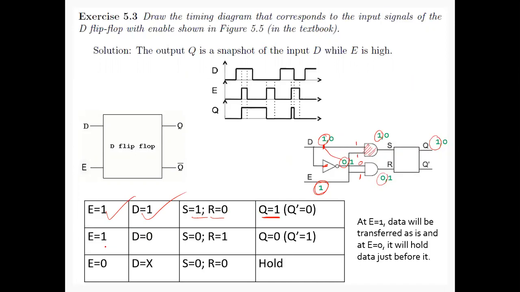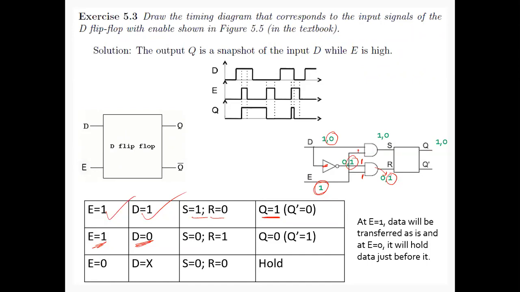Now let's change E to 1 and D to 0. What happens? So E equals 1. This is 1. D equals 0. When D equals 0, what do you get here? 1. So when this is 1, and this is already 1, this gives you 1, right? Then what does this one give you?